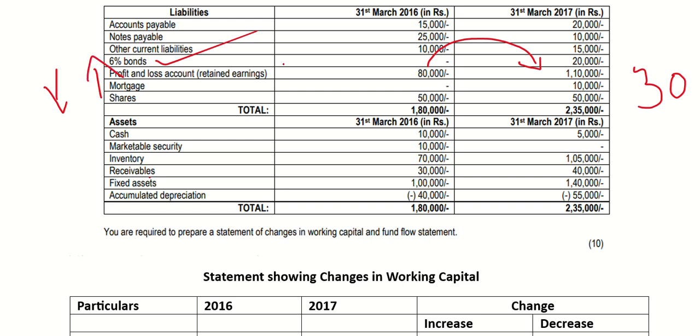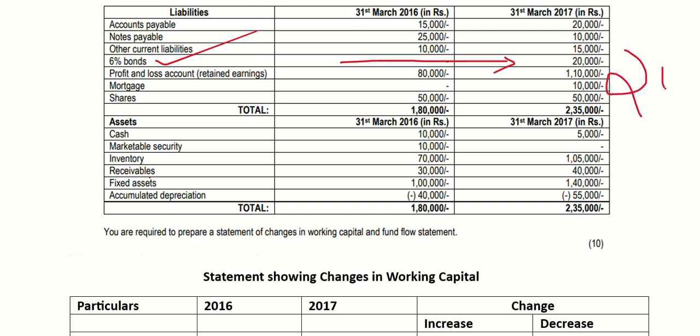Just remember, oh, I'm really sorry. The 6% bond was 0 in 2016 and in 2017 it is 20,000. Okay, I just took another row. I'm really sorry. Remember there happened an increase of 20,000.